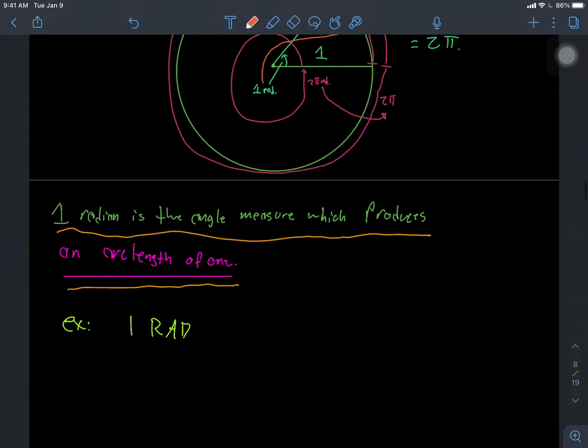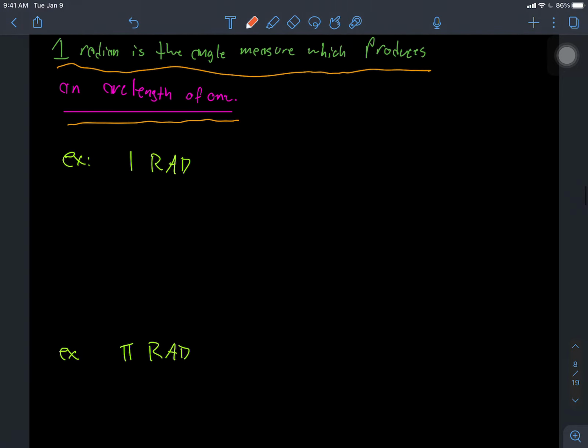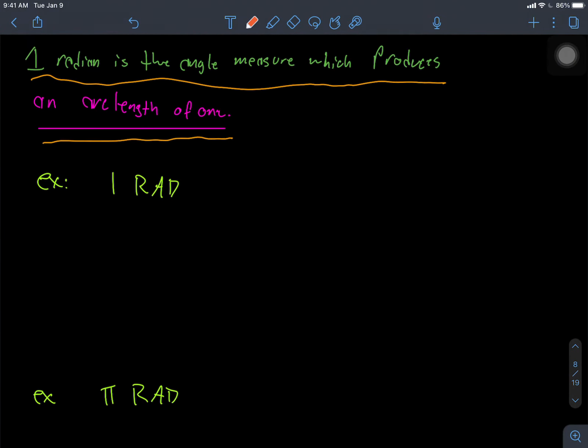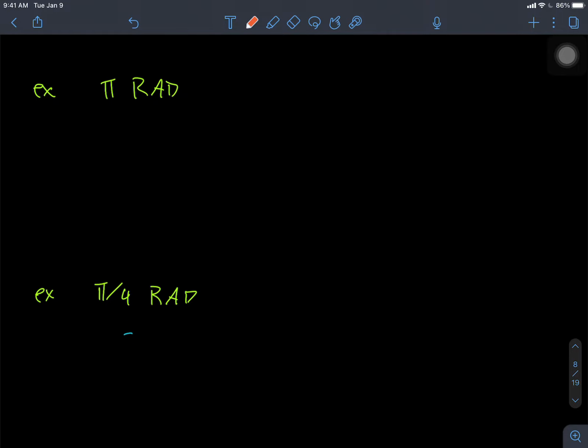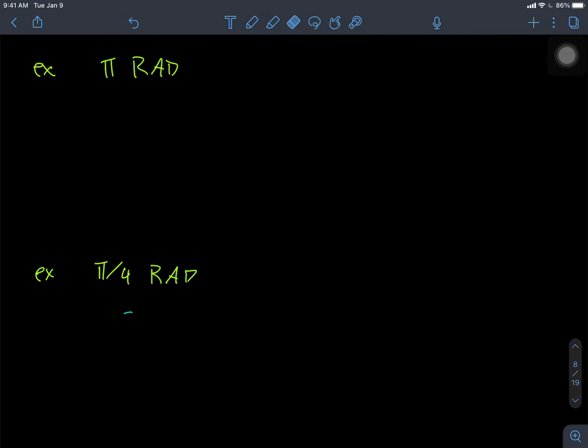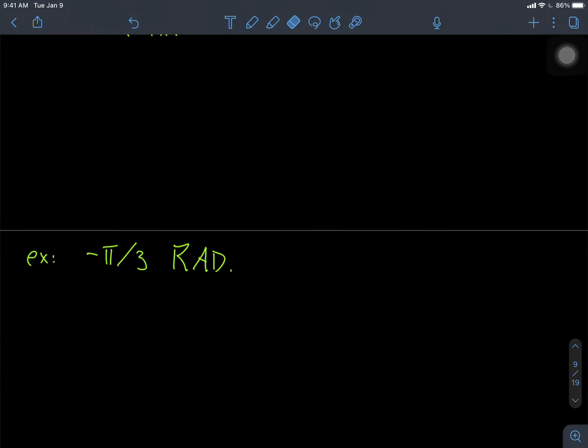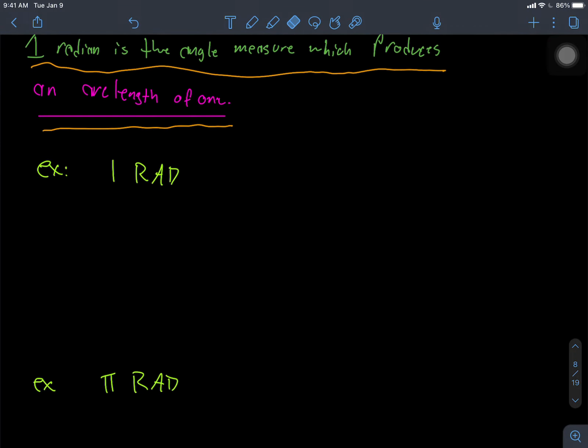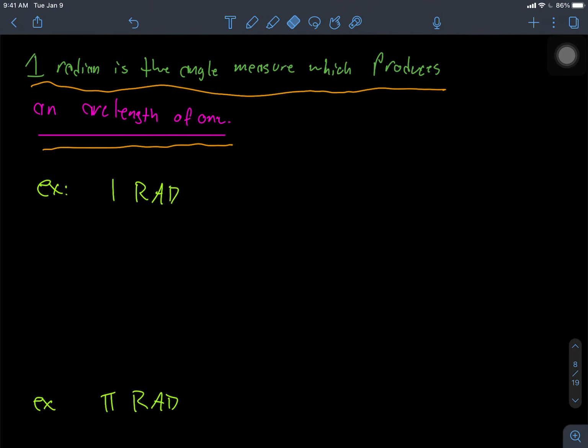Okay, so how do we actually draw radians? Well, I'm just going to consider these different values of radians as portions of a full revolution. I know that 2 pi radians is a full revolution.